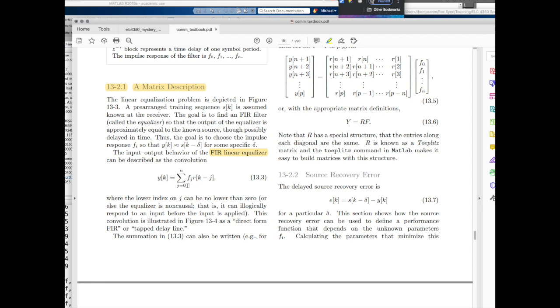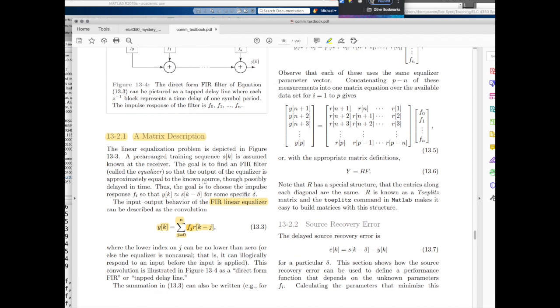It's just the sum from j equals 0 to n of the filter taps, or the filter coefficients, times the delayed versions of the received signal. So the output signal is just the convolution, this is the formula for convolution for FIR, the convolution of the filter coefficients with the received signal. We just talked about delay spread and how you would be able to estimate what the order of this filter would be to handle a given delay spread.